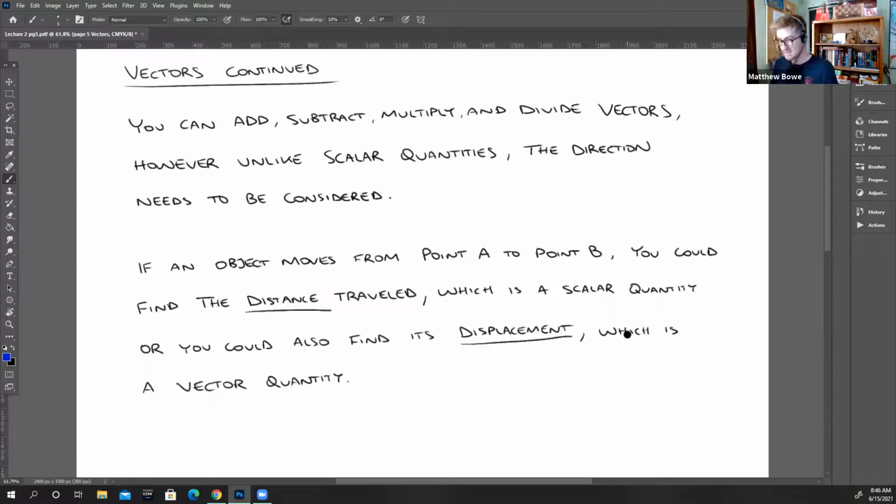That can be the distance that you traveled. That's how much ground you covered. That is a scalar quantity. It's just a value. Think of the ticker on your car, the odometer. It counts how many miles you've gone over. That's a scalar quantity. It's just a number seeing the distance that you've traveled.